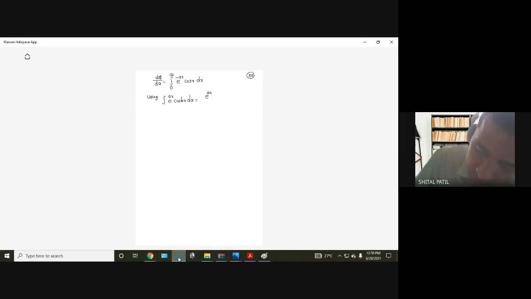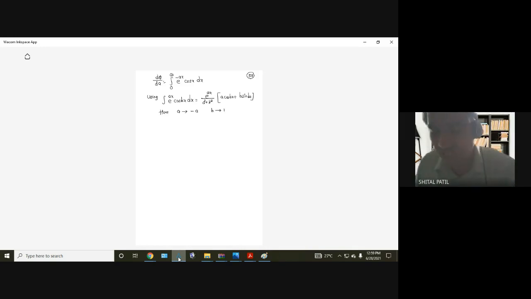E raised to ax divided by a square plus b square into (a cos bx plus b sin bx). So what is a here? A is minus a here, right? And what is b here? 1, the coefficient of x in cos x is 1. Okay, so let me use that formula.